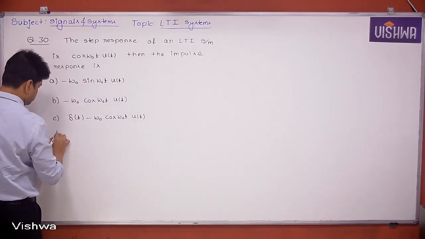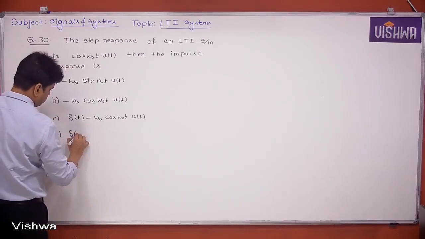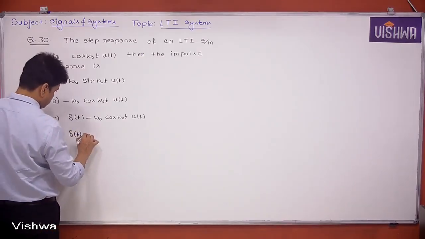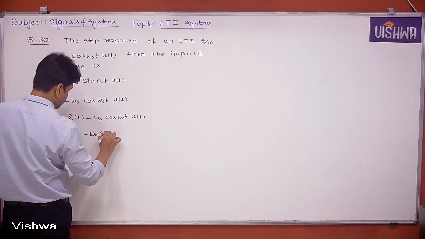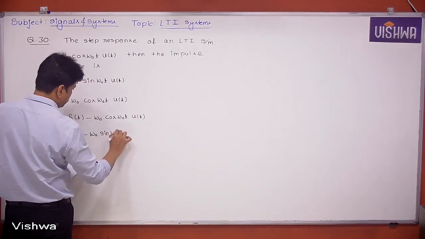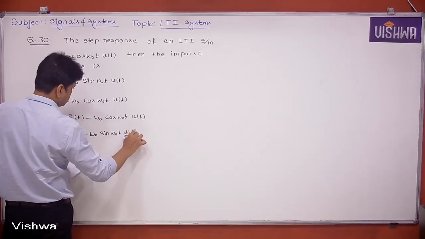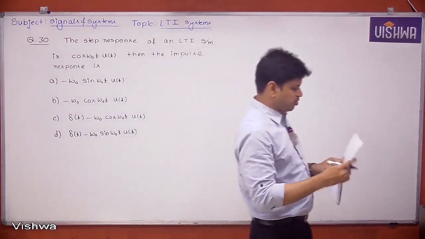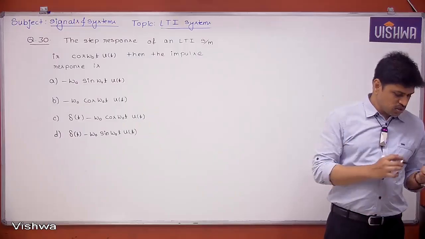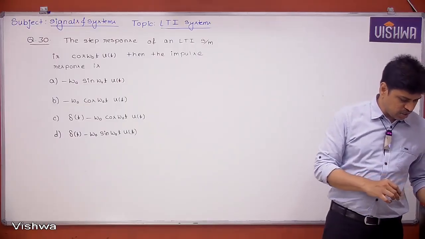Option D, delta t minus omega naught sin omega naught t u of t. Okay, so these are the options they have given. So let's see what it can be.